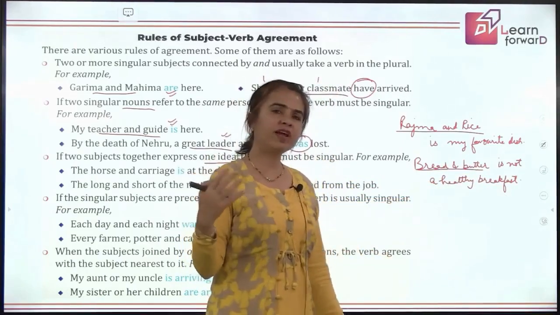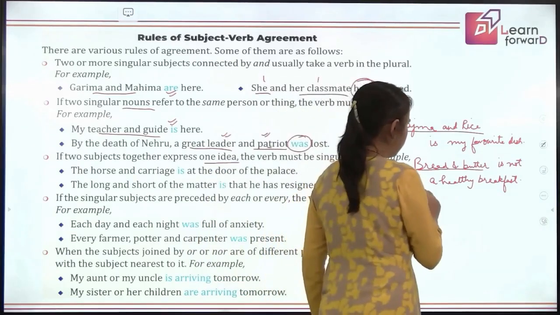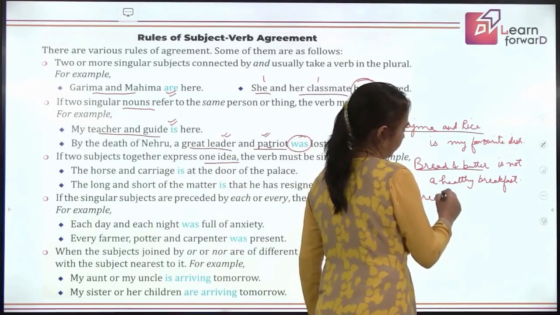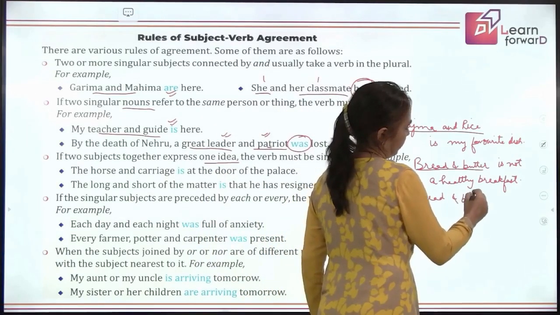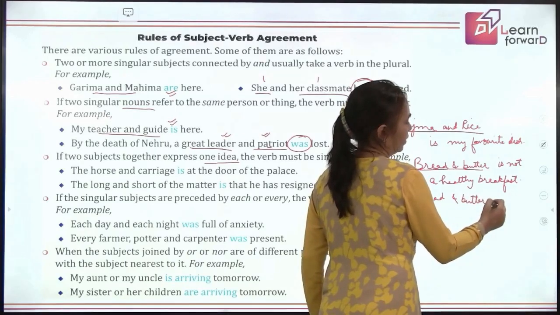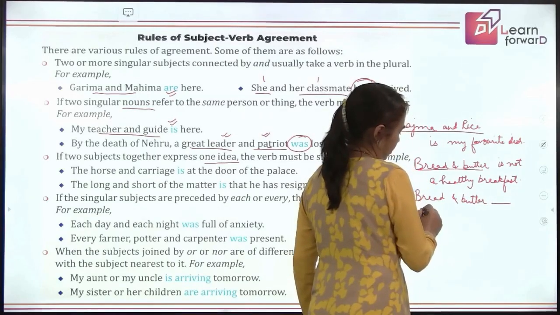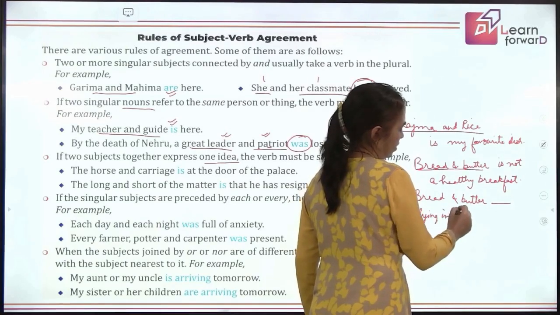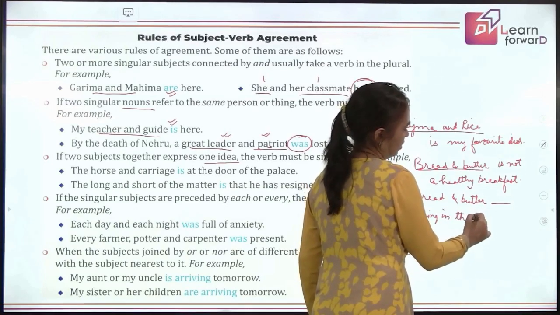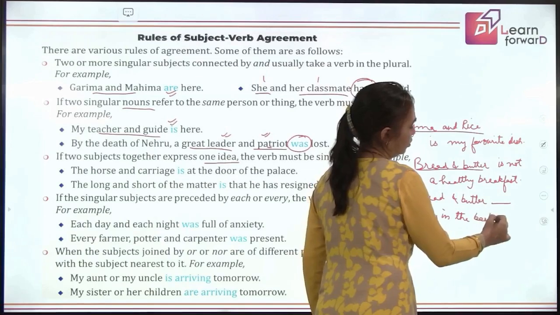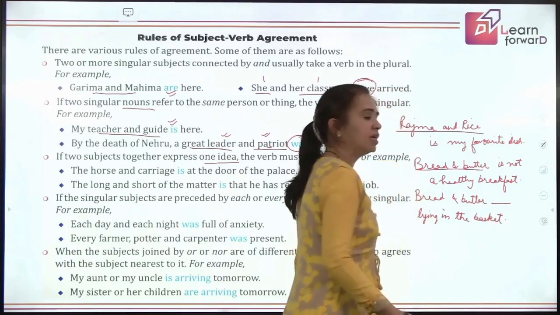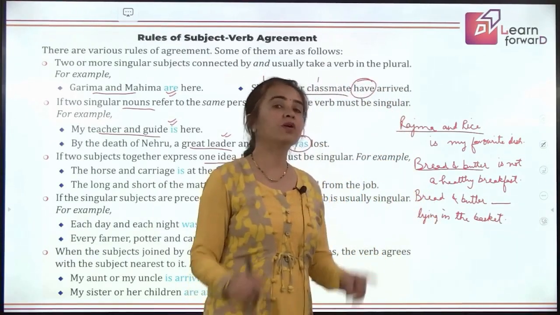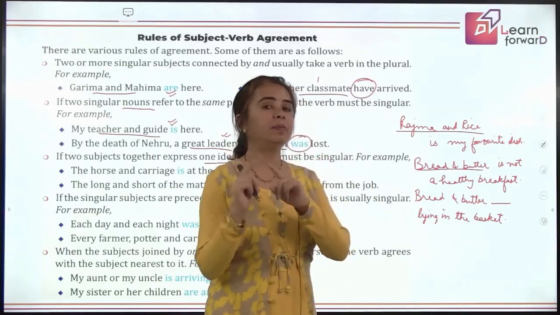But what if I say bread and butter lying in the basket? So now here also, do you mean that it is giving the same single idea? No, because here they are two independent units.